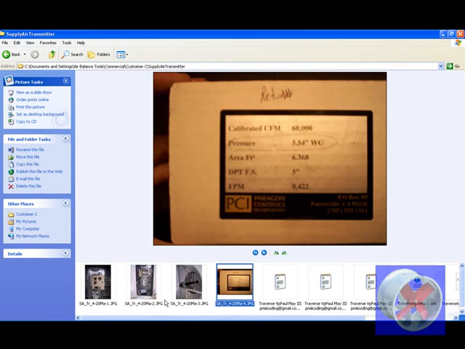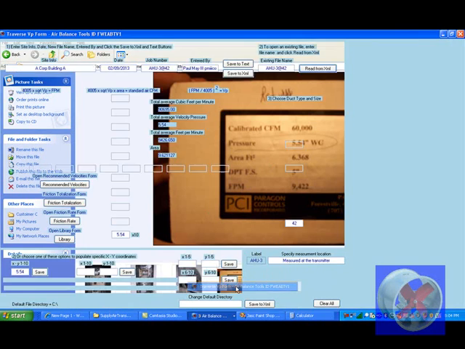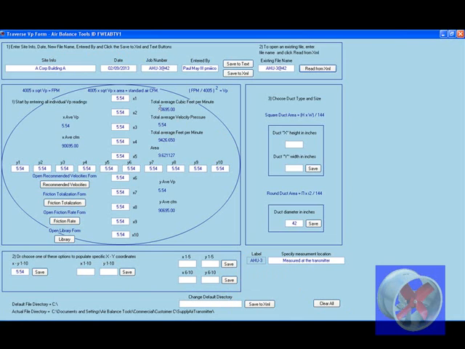For this particular device to fit into this application, we're looking at 90,695 cubic feet per minute as our scaling for our input on our DDC system.